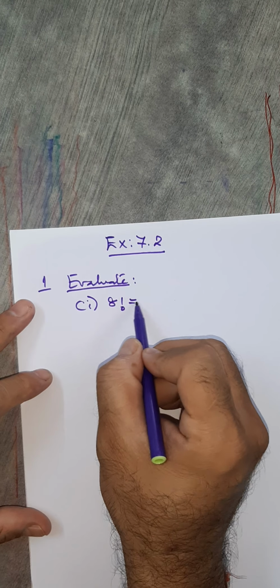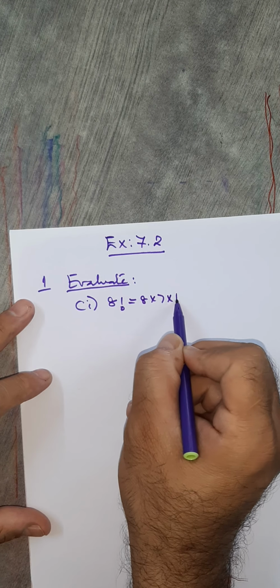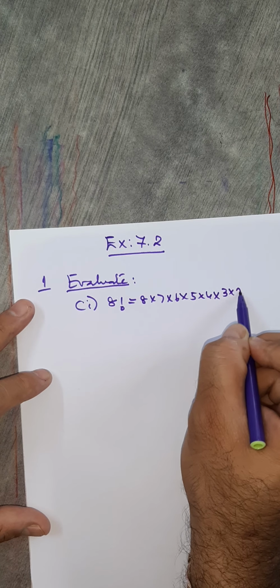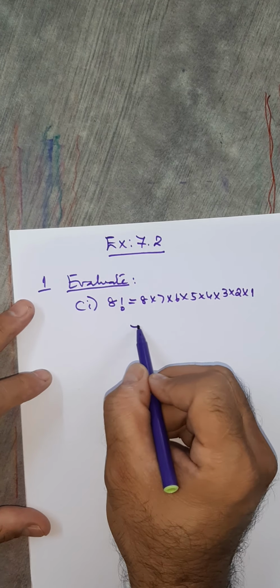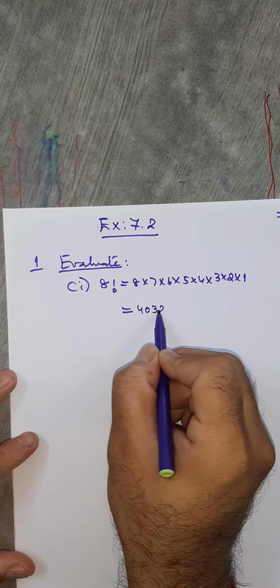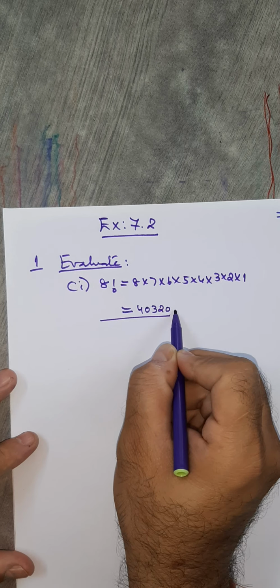So you know what that is? 8 into 7 into 6 into 5 into 4 into 3 into 2 into 1. You know the answer to this. At least up to 8, 9 factorial you should remember. It is 40,320. You can just verify. Okay, next.